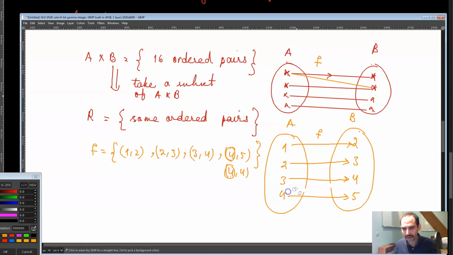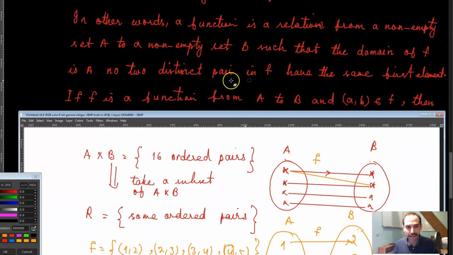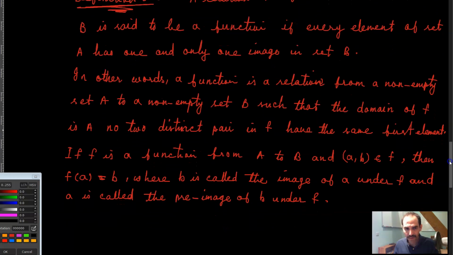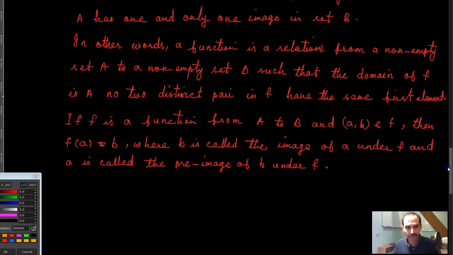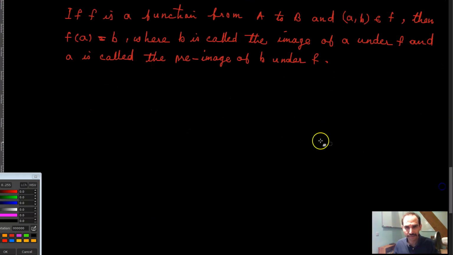This is not allowed in functions, which is the same thing as saying that every element of set A has one and only one image in set B. So this is completely clear, and there is nothing wrong with the definition, and it's easy to understand.